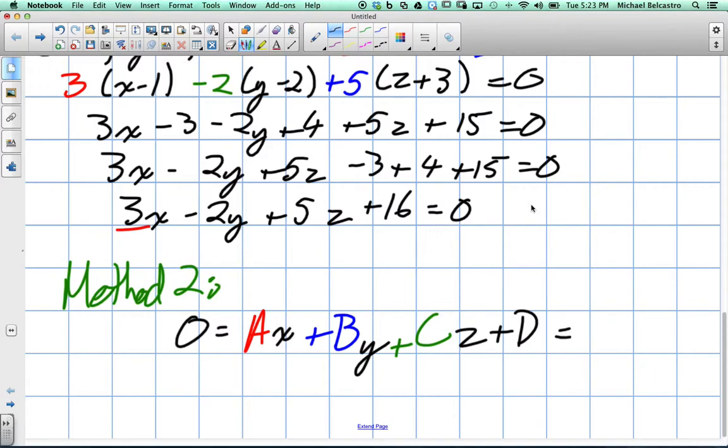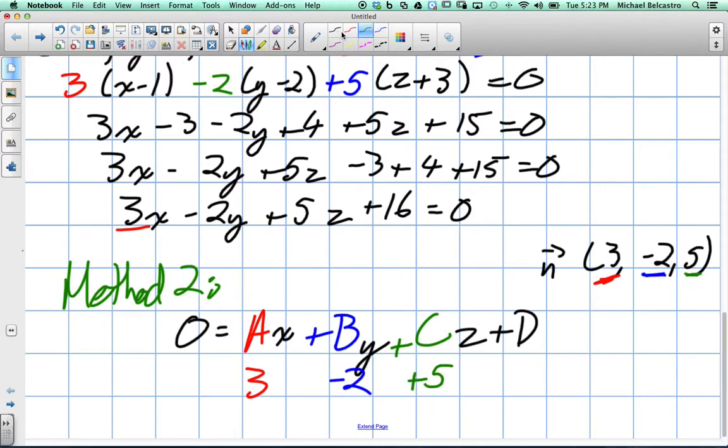And our normal was 3, negative 2, 5. Because the a, b, and c are our normal values, we could have just plugged that in. So 3 replaces the a, our negative 2 replaces the b, and our positive 5 replaces the c. And that means 0 is equal to 3x minus 2y plus 5z plus d.